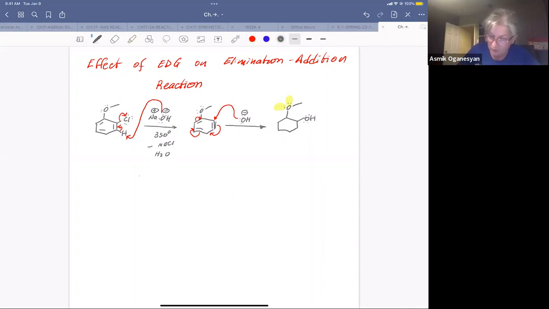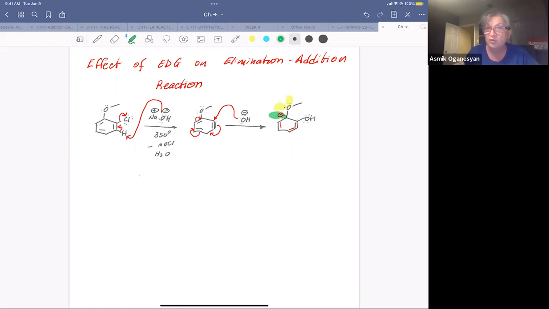Okay, so let's pick up on our bonds here. So we formed this intermediate with the negative charge right next to the lone pairs of electrons on oxygen. And as we can see from this drawing, it's not a very comfortable situation.